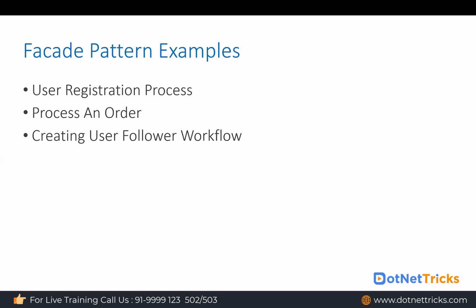Internally you have so many processes where you are storing the information to the database, and sending a notification to the user you are following. Then there can be another notification to your friends. They also get notified when you start following someone else. So these are some facade pattern examples.